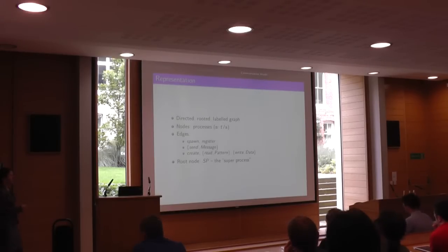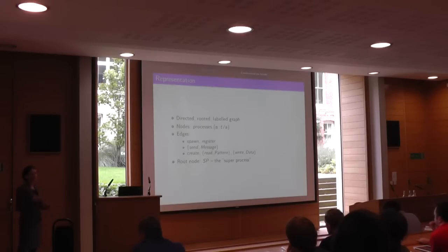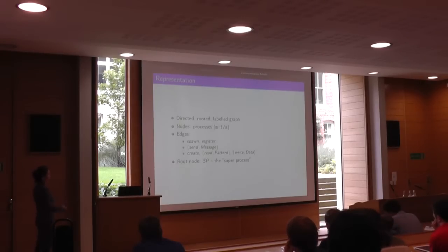And we introduce different edges: spawn for creating a process, register for registering a process. Of course, we have message sending, and this triple is related to ETS tables. So you can create an ETS table, read some data from it, and write some data. We do not use send for ETS tables because it's a bit other type of communication, so that's why we introduce new edges for it.